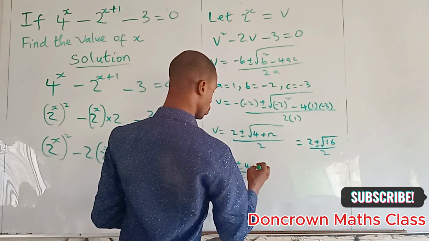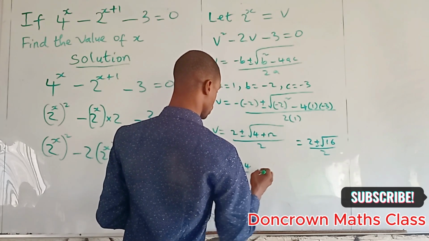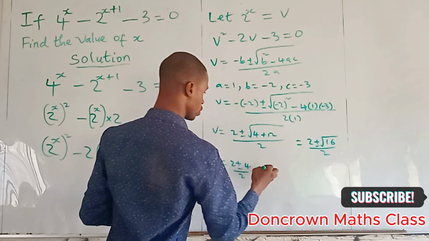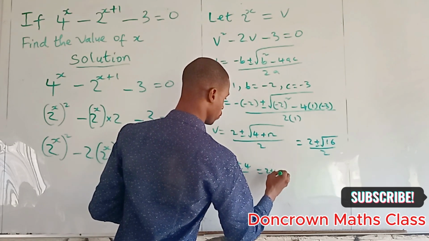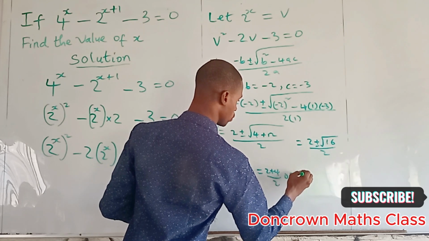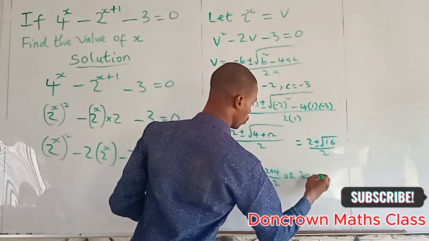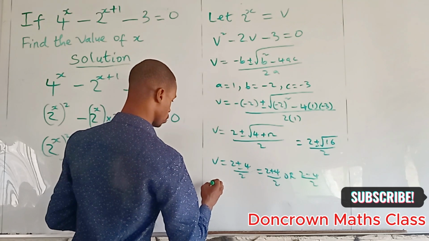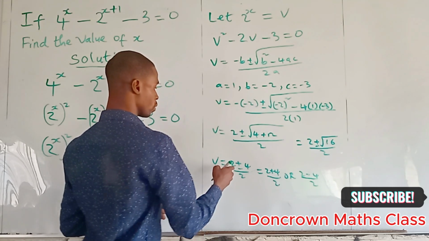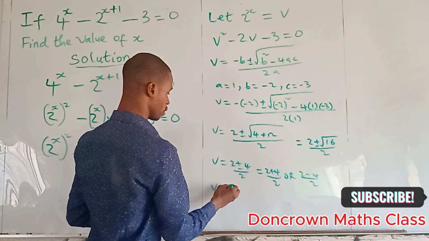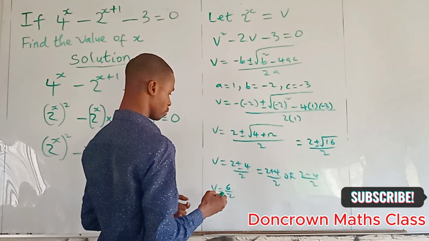So this is also the same as 2 plus 4 over 2, or 2 minus 4 over 2. So now our v is also the same as, 2 plus 4 is 6 over 2.